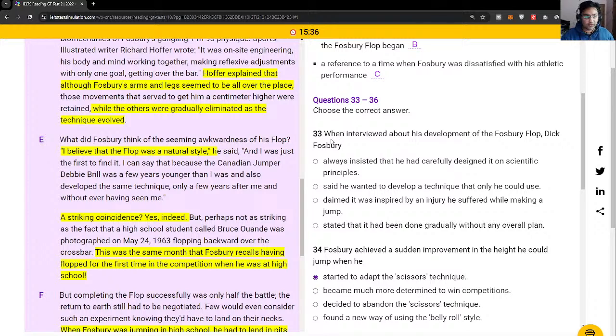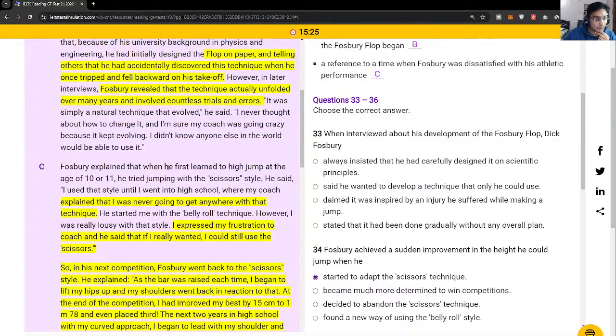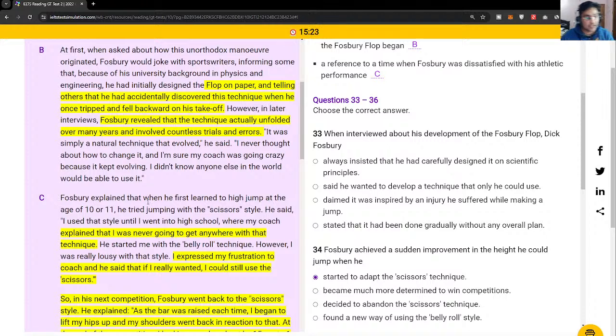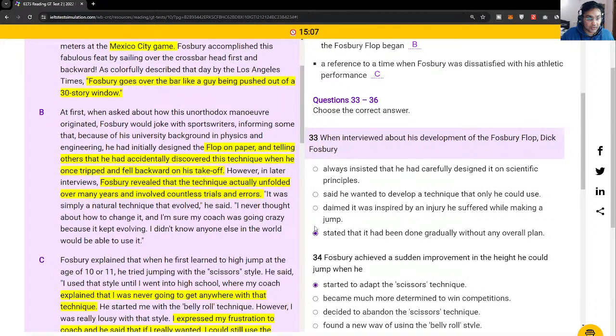Let's do the 33rd one first. Interviewed about his development, learned to high jump at the age of 10 or 11. He tried jumping with the Caesar style. He only discovered this technique when he once tripped. Actually unfolded over many years, involved countless trials and errors without any overall plan.